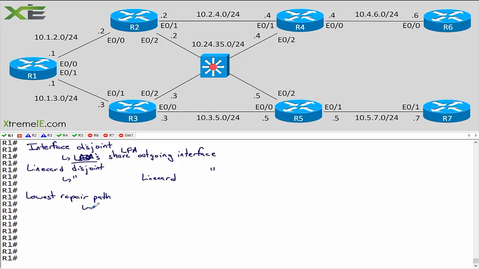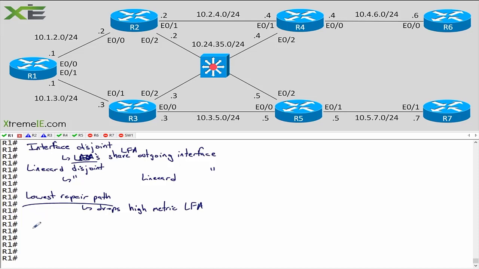What this does is eliminate high metric LFAs. So if you have loop-free alternatives and they have a very high metric, the lowest repair path is going to remove those higher metric values.